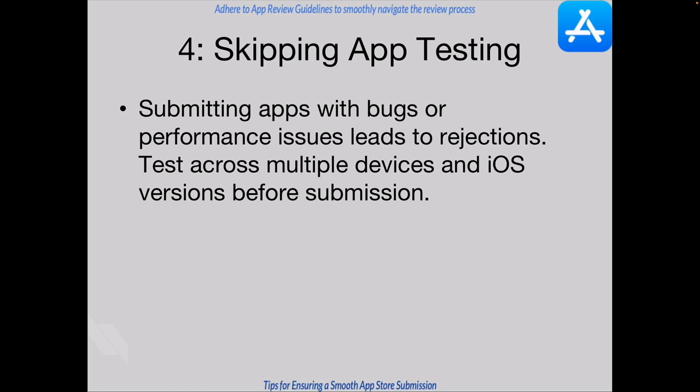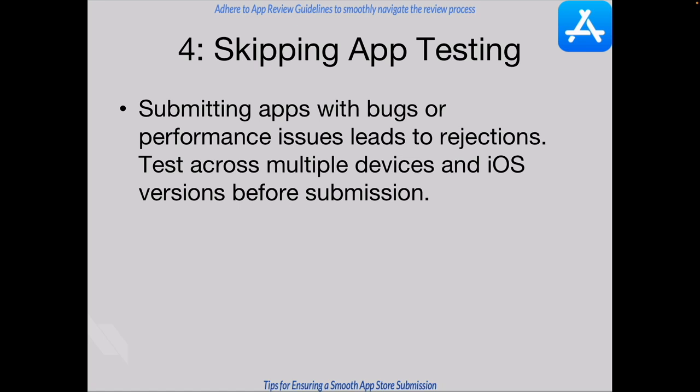If we submit without testing our app, then bugs, performance issues, or compatibility problems across different devices are likely to get it rejected. Be sure to test your app thoroughly on various iOS devices and operating system versions. Use TestFlight to beta test your app with real users. Catching and fixing bugs before submission will save you from rejection headaches later.